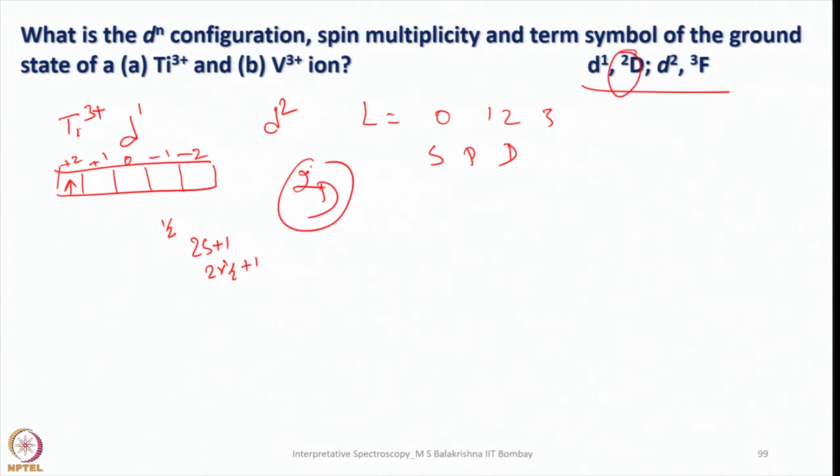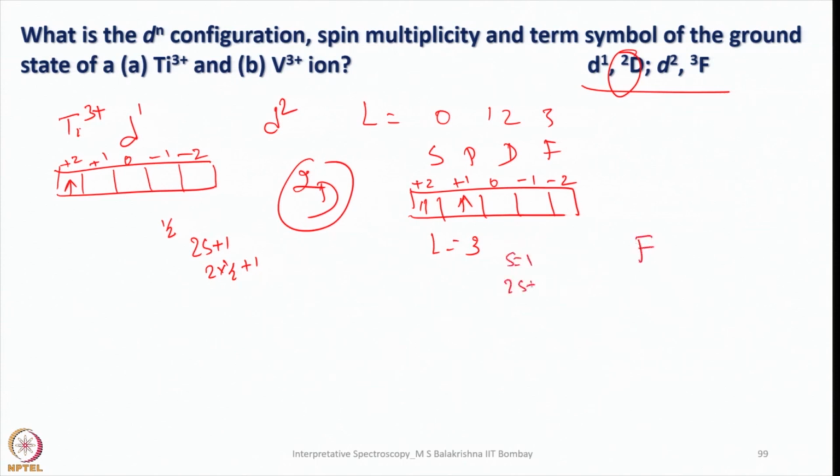And similarly, if you go for the vanadium d2 system, two electrons here. So L equals 3, that means F, and S equals 1, therefore 2S plus 1 equals 3, so this is 3F.